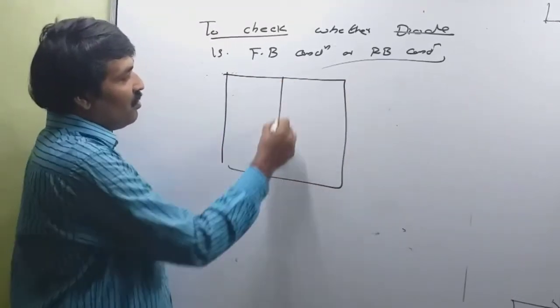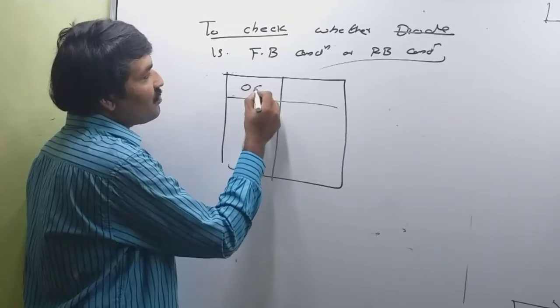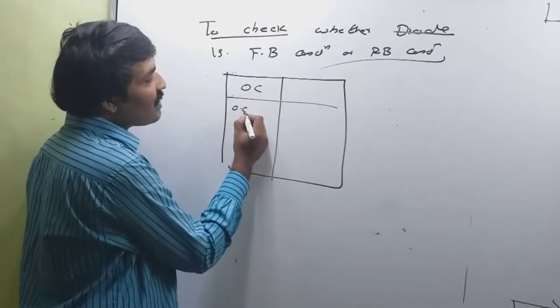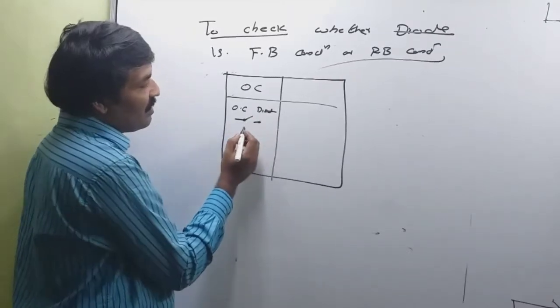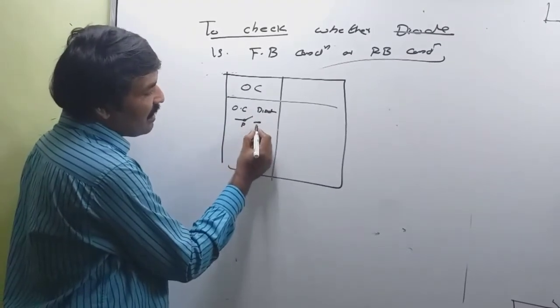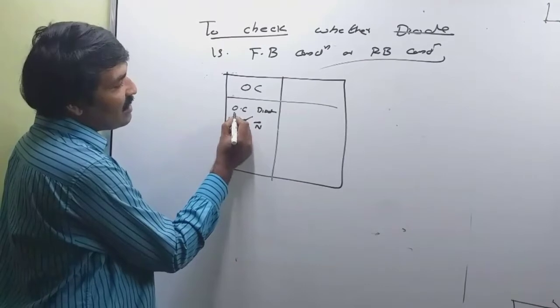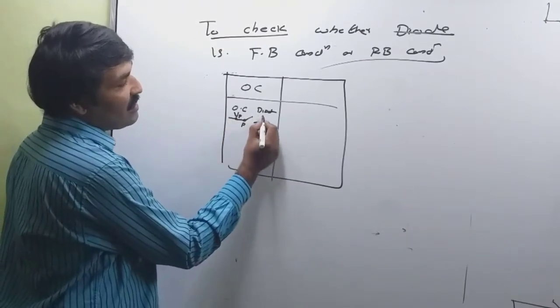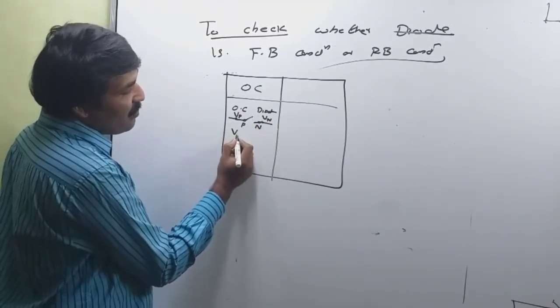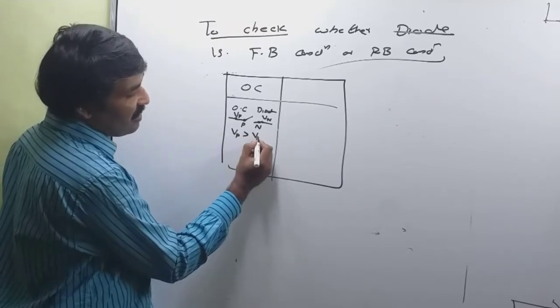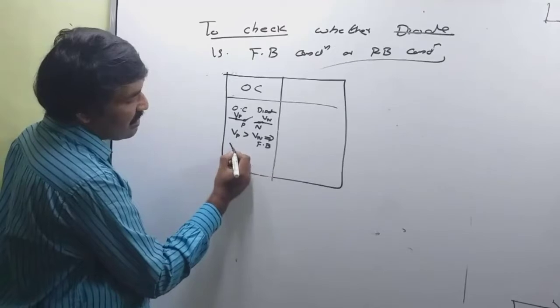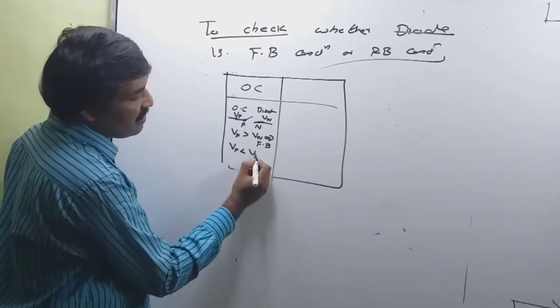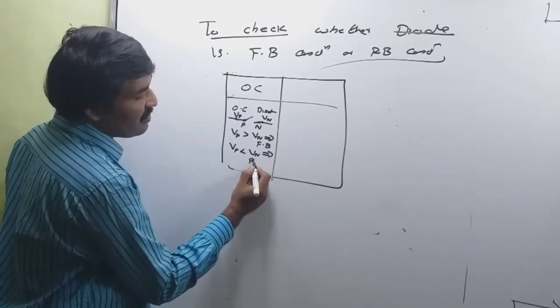So in the open circuit test, just open circuit the diode. If the voltage across P is Vp and across N is Vn, if Vp is greater than Vn, that implies forward biased. If Vp is less than Vn, that implies reverse biased.